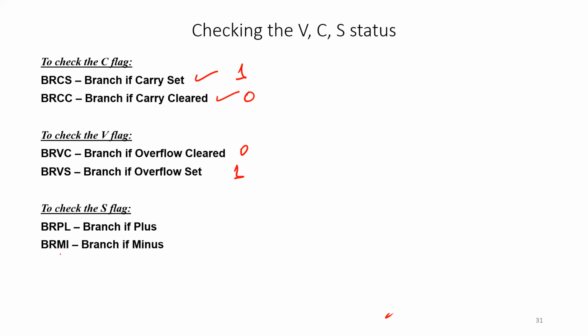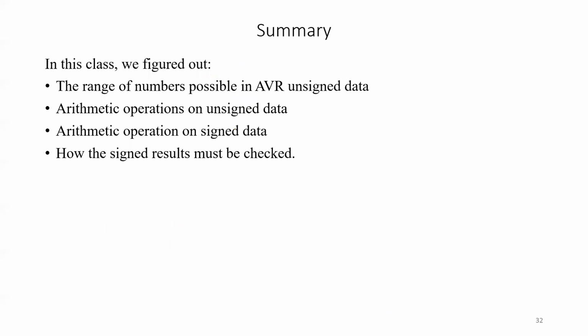PL means plus and MI means minus. So branch in case of plus means S equals 0, and branch in case of minus means S equals 1. So these are the instructions that you can use in programming to check if your results are positive or negative by means of these flags.